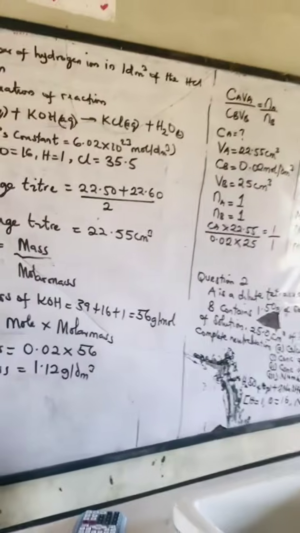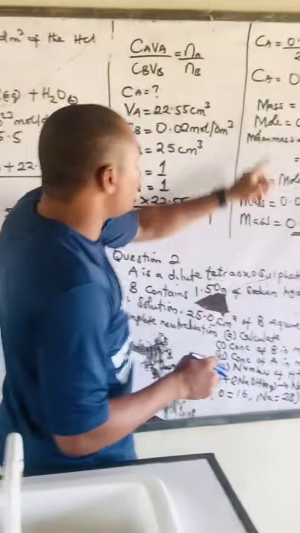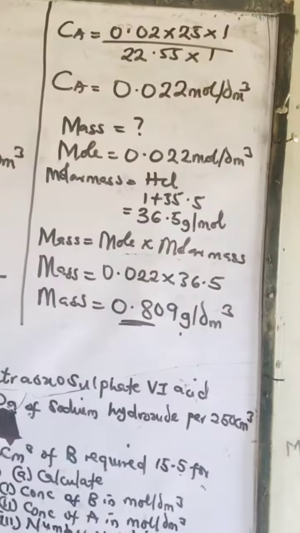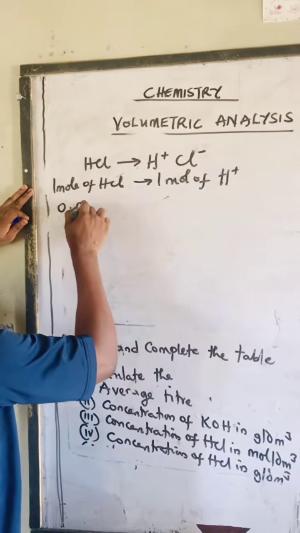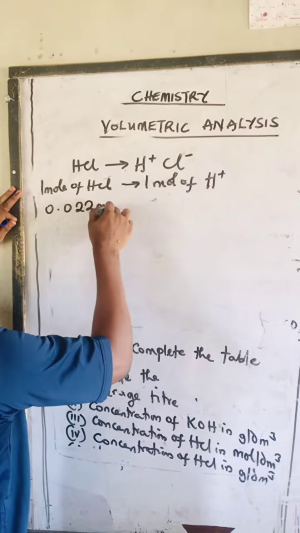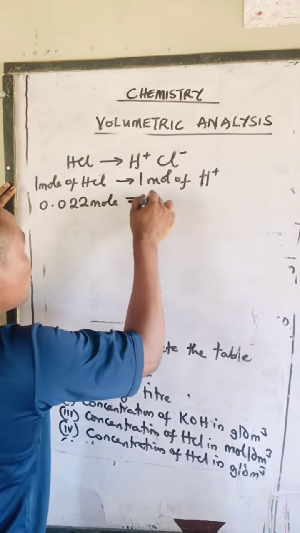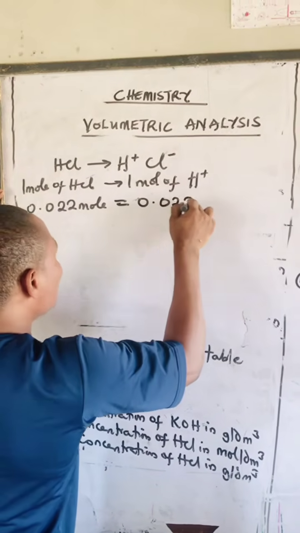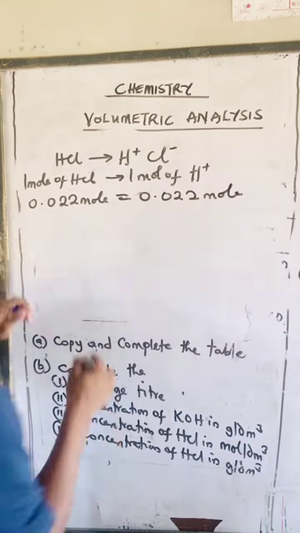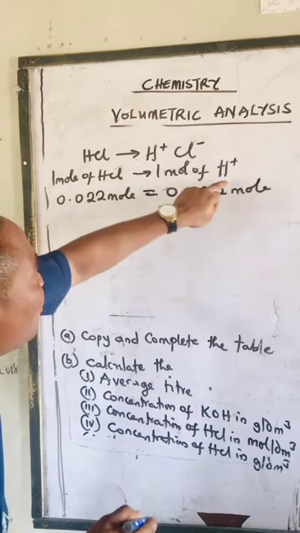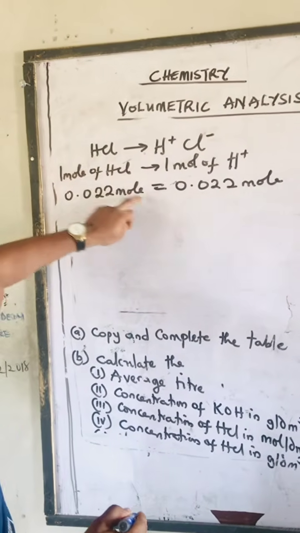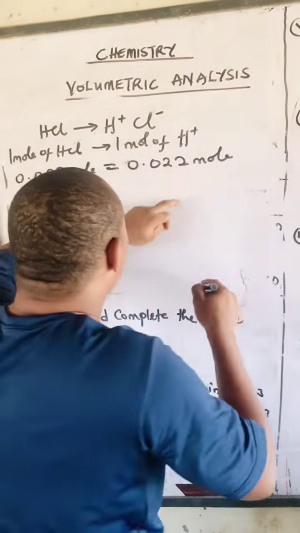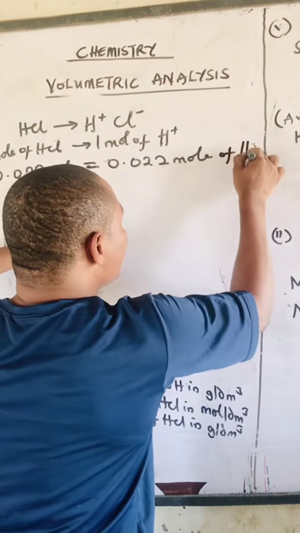You have the mole of HCl here to be 0.022. So if 1 mole of HCl gives 1 mole of hydrogen ion, definitely 0.022 mole of HCl will give us 0.022 mole of hydrogen ion.